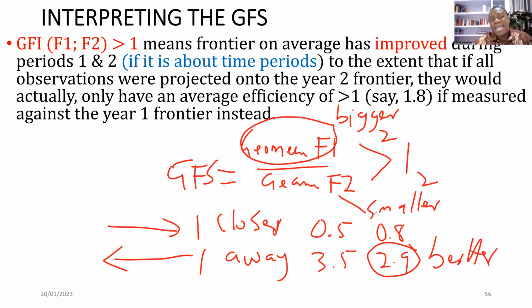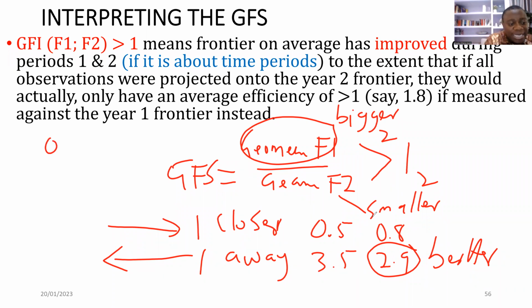Okay. And because they are efficiency scores, they define the efficiency of each individual firm. Remember, we measure the efficiency of all the firms relative to one particular year's frontier.